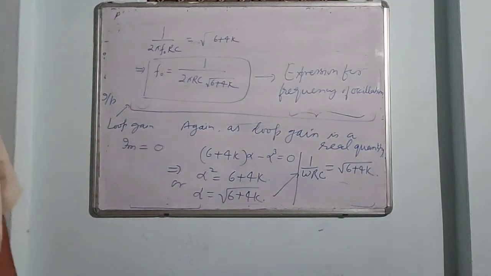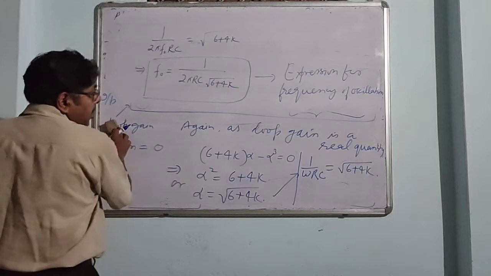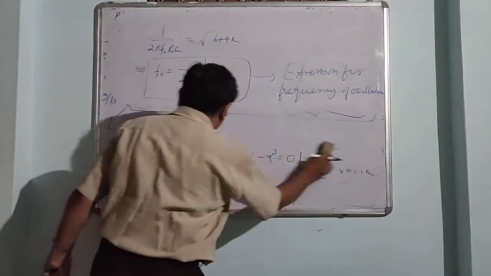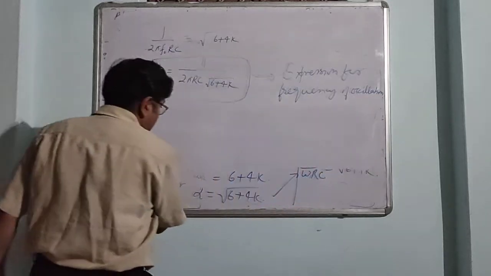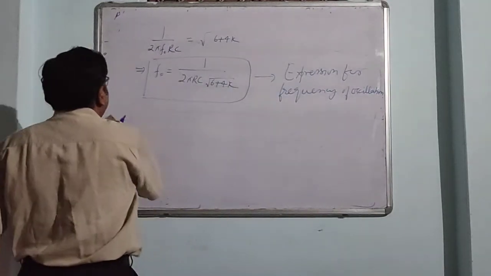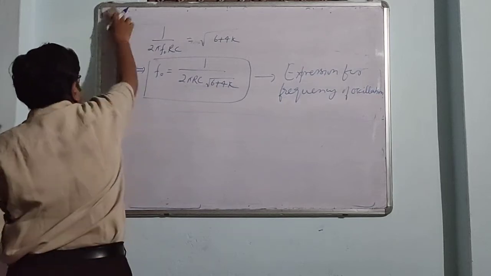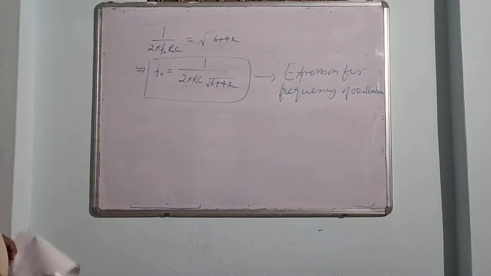This is the frequency of oscillation, and condition of oscillation, because imaginary part is 0, and when we put this value, that is imaginary part equal to 0, then we will get the condition.